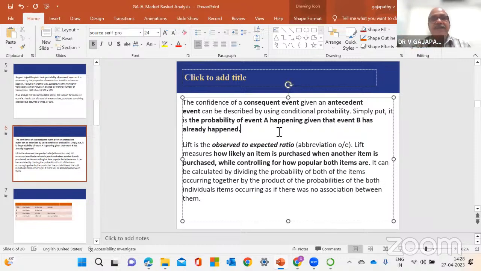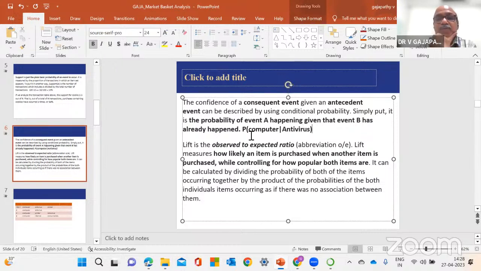Therefore, we can say, see, I have been giving the code here. Within bracket, what I'm saying is, we have already purchased a computer. What is the probability of buying antivirus?